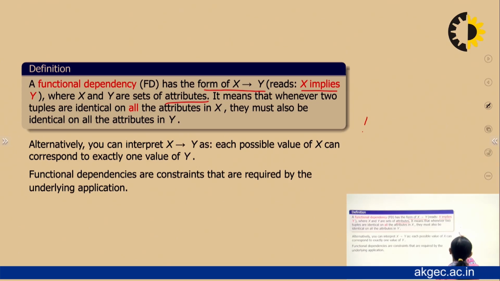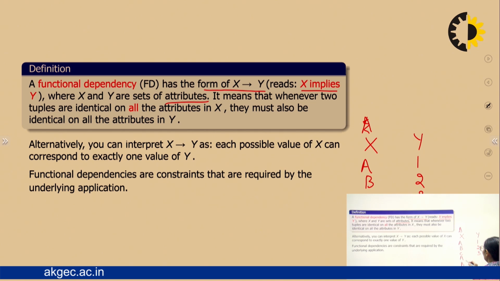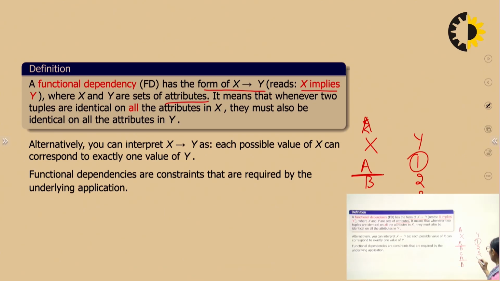What does it imply? For example, I am having two attributes X and Y. Let's suppose X is having the values A, B, C, then again A and B. And corresponding to A, we are having here 1, 2, 3. If this is identical here, then the value of Y in both cases should be the same.